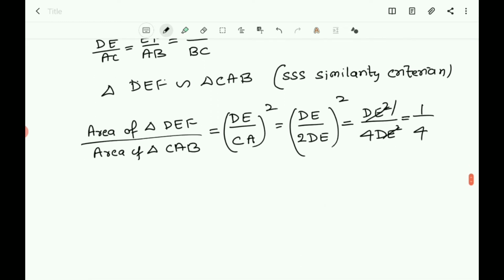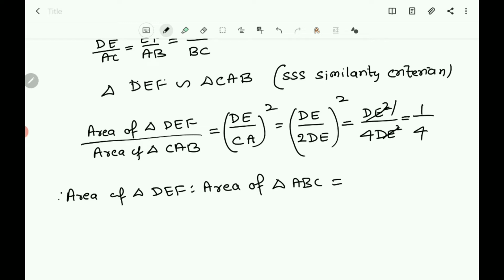Therefore, the ratio of area of triangle DEF to area of triangle ABC is 1 is to 4. The ratio is 1 is to 4.